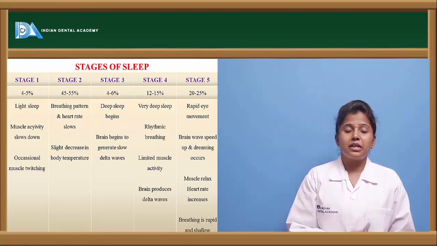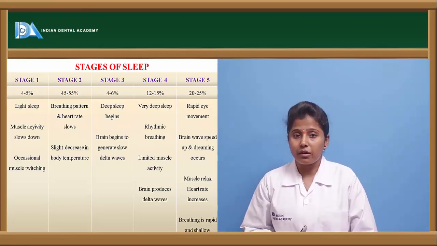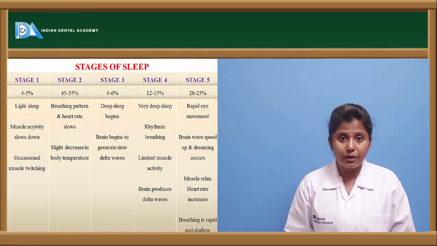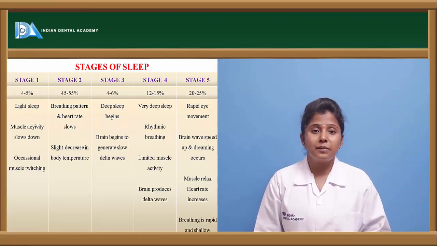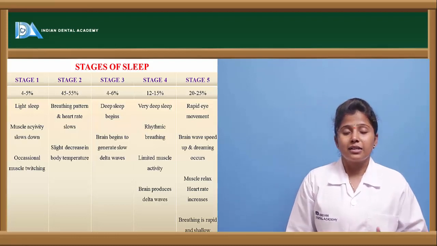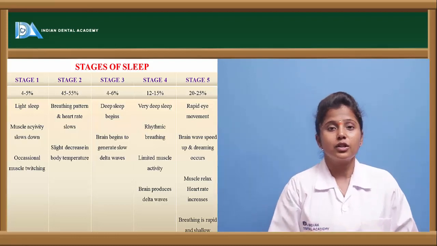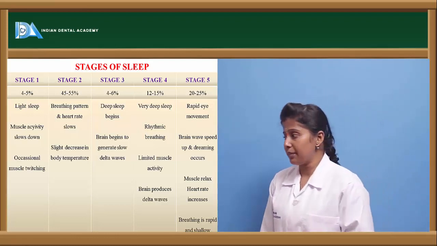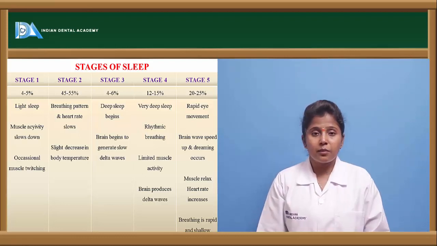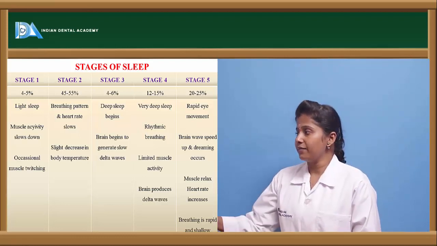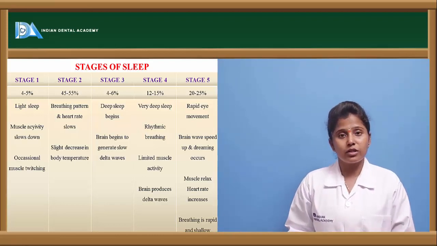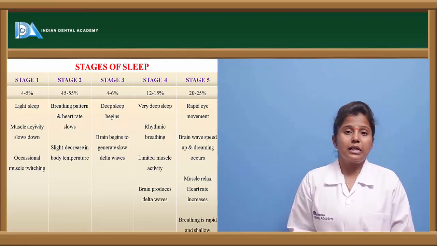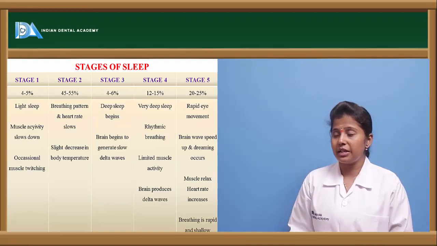Breathing and heart rate are rhythmic, and muscle activity is limited, with neither excessive contraction nor relaxation. The difference between stage 3 and stage 4 is that in stage 3 the brain begins to generate delta waves, but in stage 4 the delta waves are completely generated.